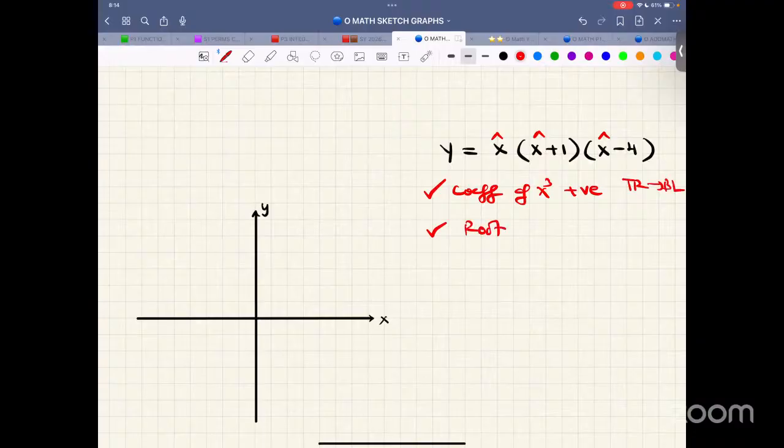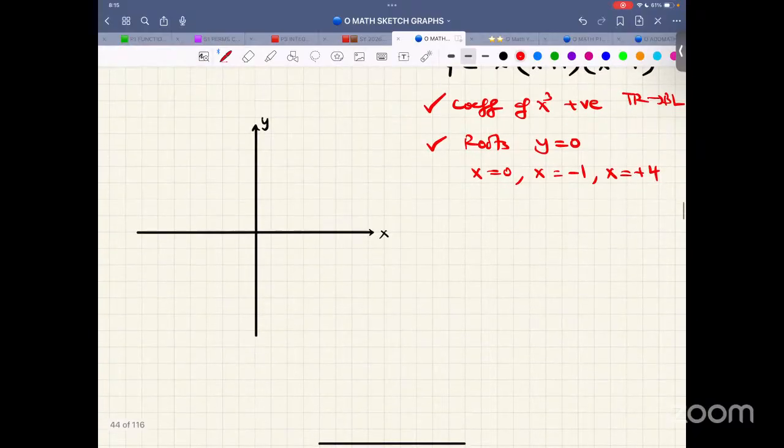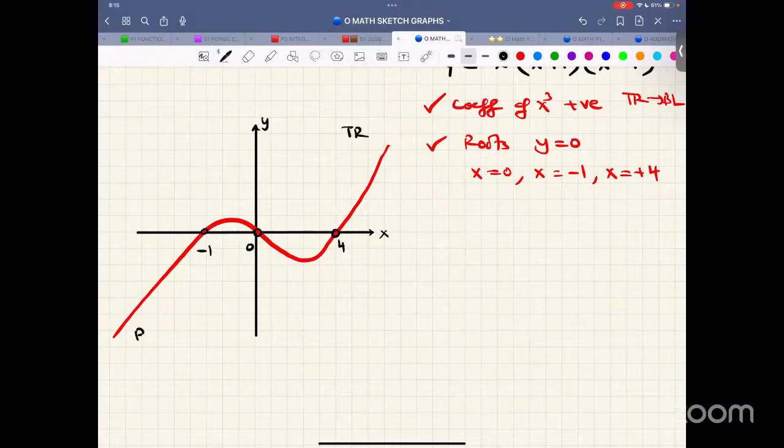And then the roots, y equals 0, x is 0, x is negative 1, x is positive 4. So positive 4, 0, and negative 1. That's how it looks. This is 4. Of course, the diagram is not drawn to scale. So this is 0. This is negative 1. Top right, bottom left.